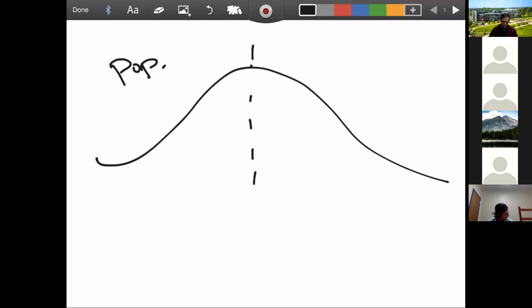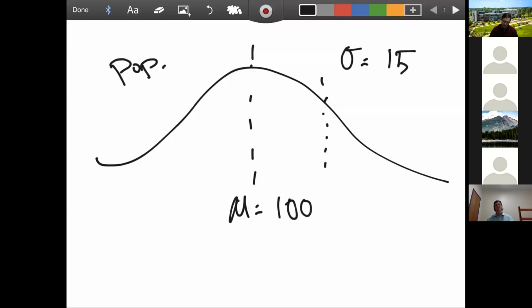All right, so we have our population distribution, and we know our population mean has an IQ of 100, and we know that the standard deviation for the population for IQ is 15, right? And so standard error is relevant when we say, okay, what's the probability that we're going to select a sample that has an average IQ of, let's say, 106 for their mean?